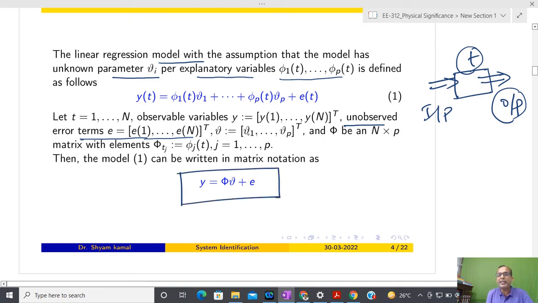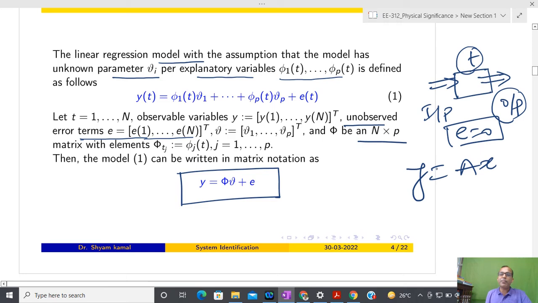Okay, and v is v1, v2, up to vp, so p number of unknowns I have, n number of observations I have, and based on that it is possible to show that whatever phi is, its dimension is n cross p, because I am writing like this, so I have to be consistent. And here you can see that this is exactly the situation like Ax equal to y, if for time being we assume that e equal to 0.